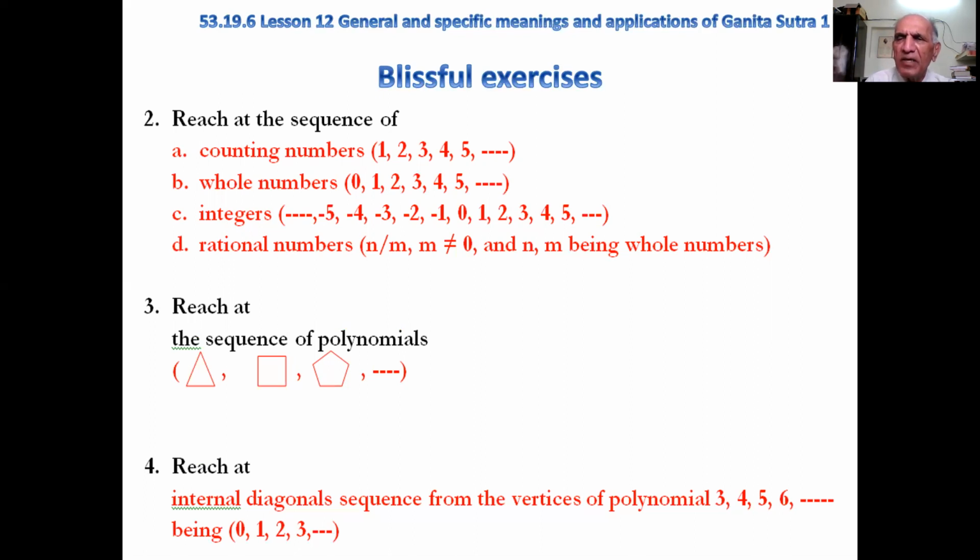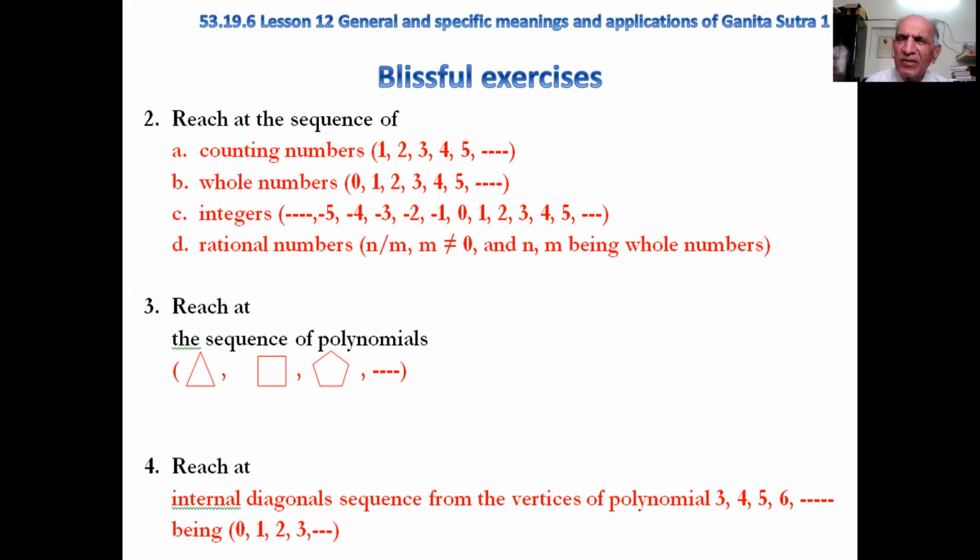It will be a very blissful exercise that one reaches at the sequences of different phases and stages of numbers. The third category, third class of these exercises is of a reach at the sequence of polynomials.